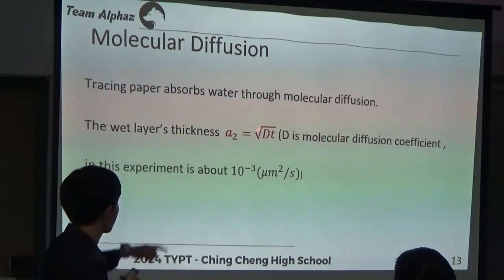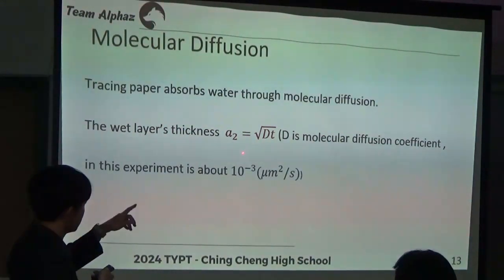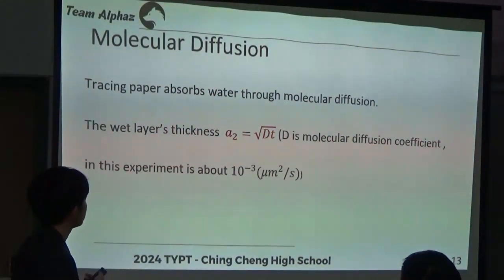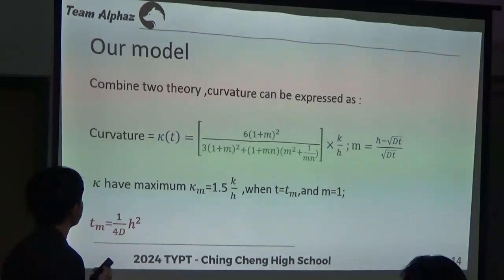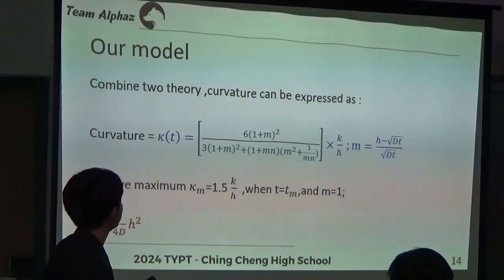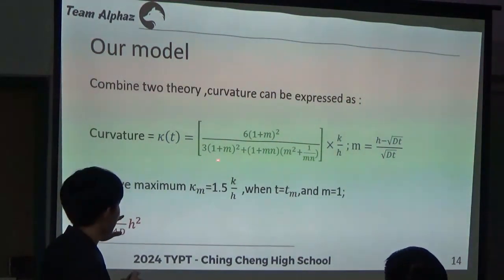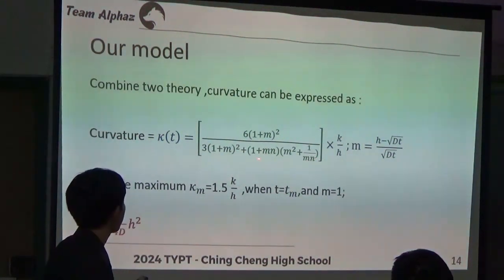And here we describe the wet layer thickness. Here is our model, and we will combine the two theories. So our curvature will be like this.